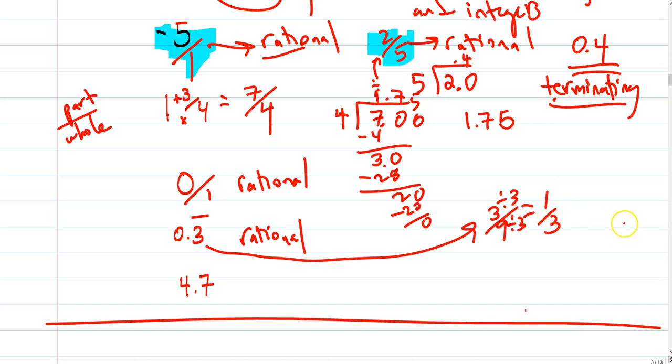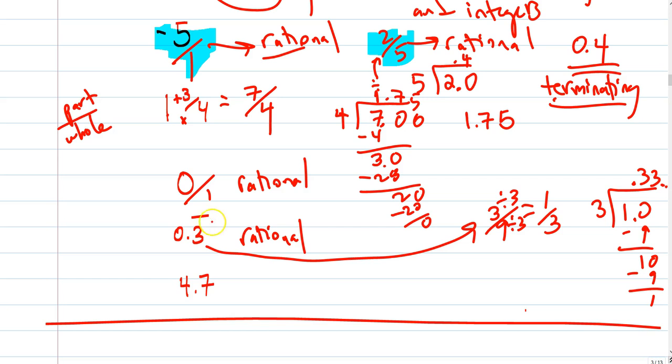If I take 1 and I divide it by 3, I get 3 is 9, leaves me with 1. Bring down a 0. 3 makes 9, leaves me with 1. Bring down a 0. The idea is what?